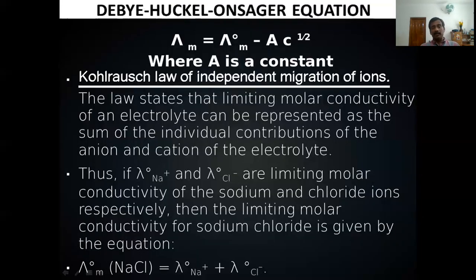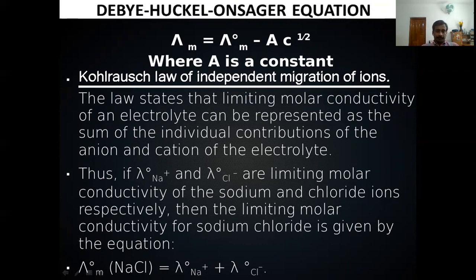You can see lambda m is equal to lambda m0 minus A C raised to half. Lambda m is the molar conductance at the given concentration, lambda m0 is the molar conductance at infinite dilution, A is a constant, into C raised to half, the square root of concentration.